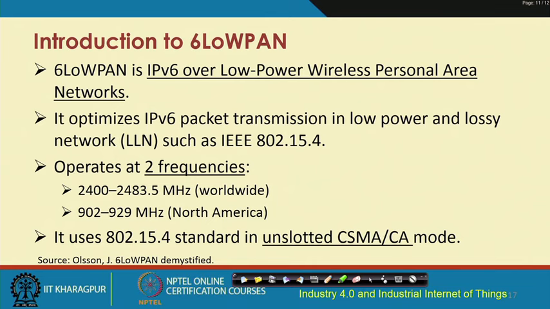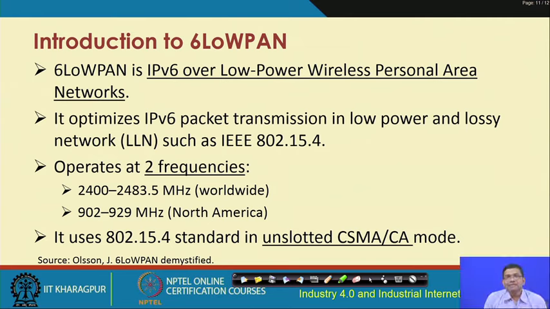So, 6LoWPAN is about the use of IPv6 over wireless personal area networks, like the ones that we talked about earlier in this lecture. Not local area network, but the wireless personal area network, and where there are low power wireless personal area networks, IPv6 over that is what is enabled using 6LoWPAN.